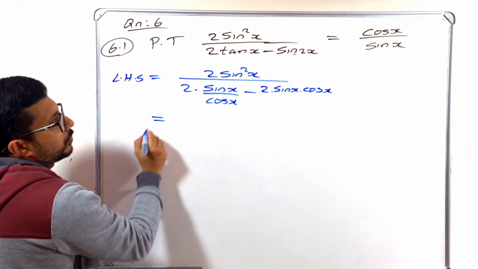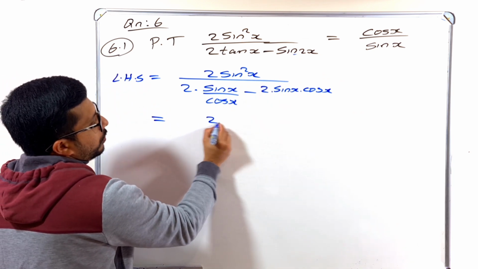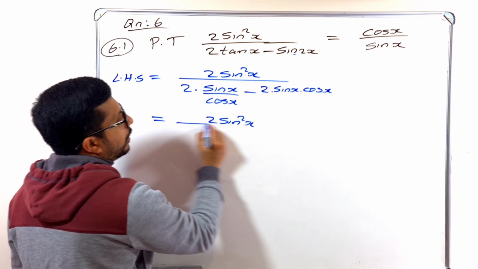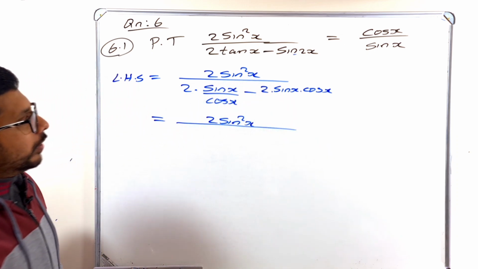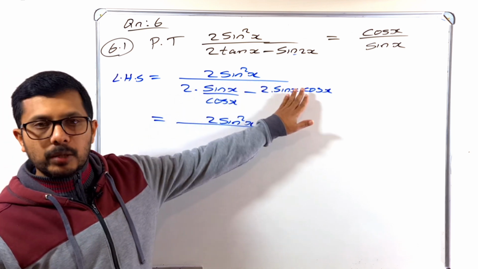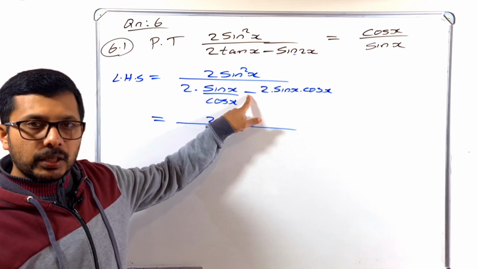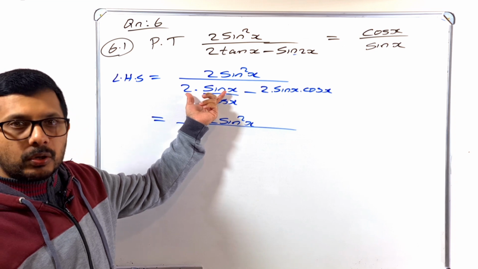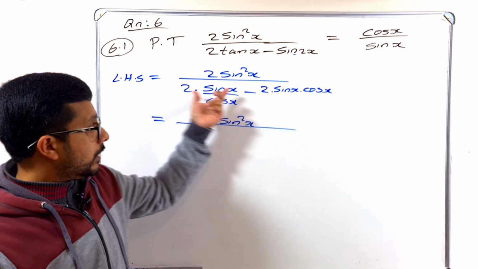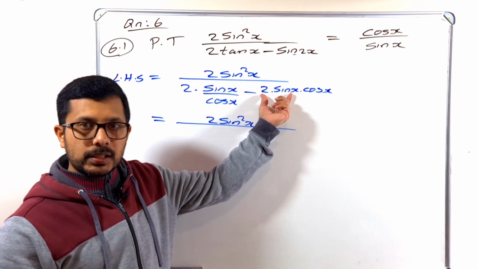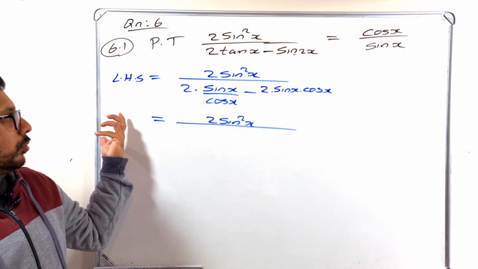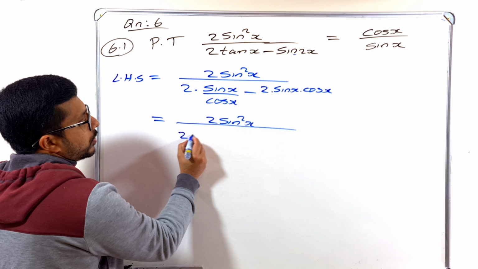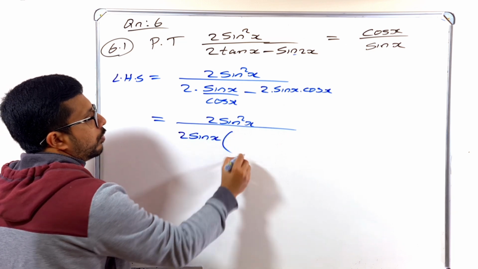So that is equal to 2 sine square x, that's the numerator, divided by, now look at this one, there are two terms here separated with a minus. Here you can see that in the first term 2 sin x is there, in the second term also 2 sin x is there, so that 2 sin x you can take as a common factor.